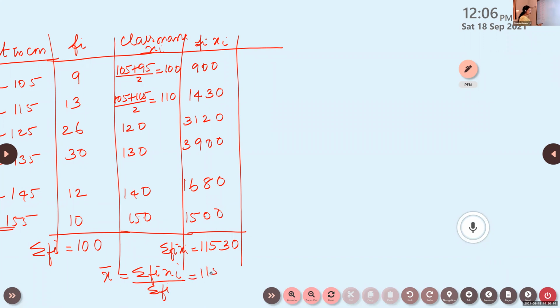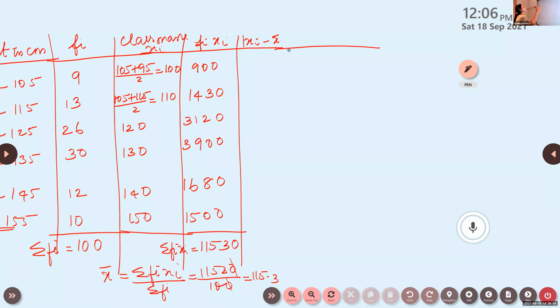So 11530 by 100, when you simplify this, is 115.3. So the next column is modulus of xi minus x bar.